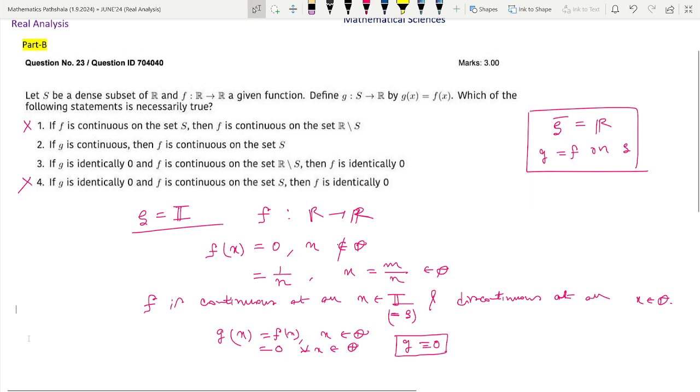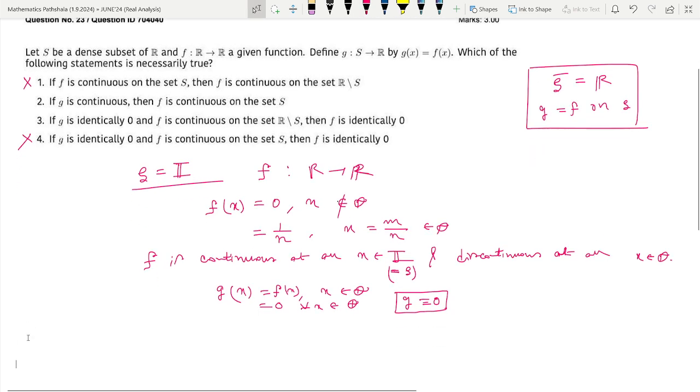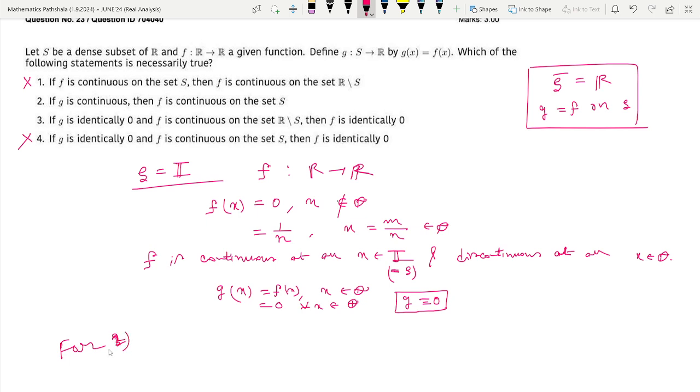Now look at option 2. If G is continuous, then F is continuous on the set S. For 2, this is also not the correct option. And for this, we have to take this type of example.